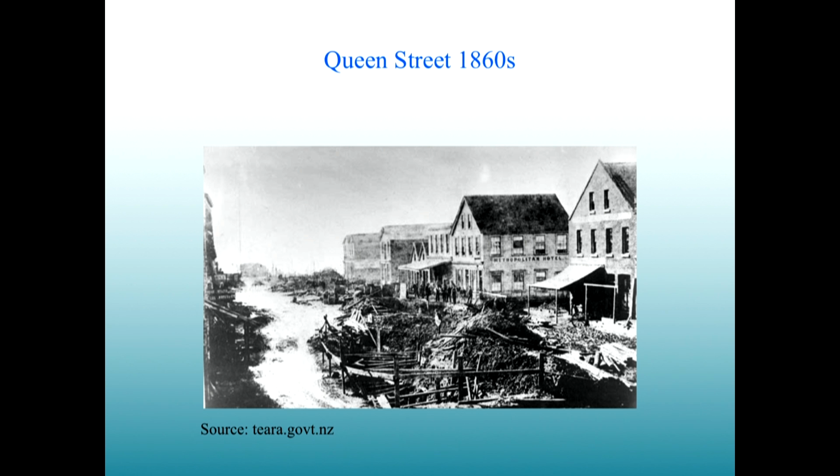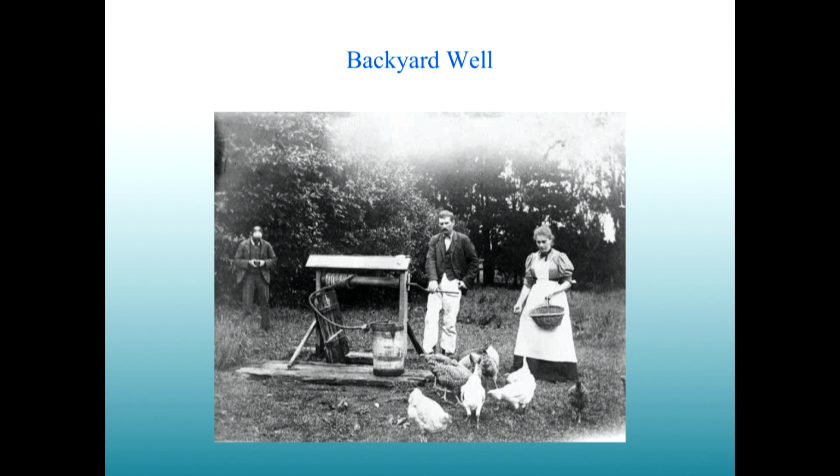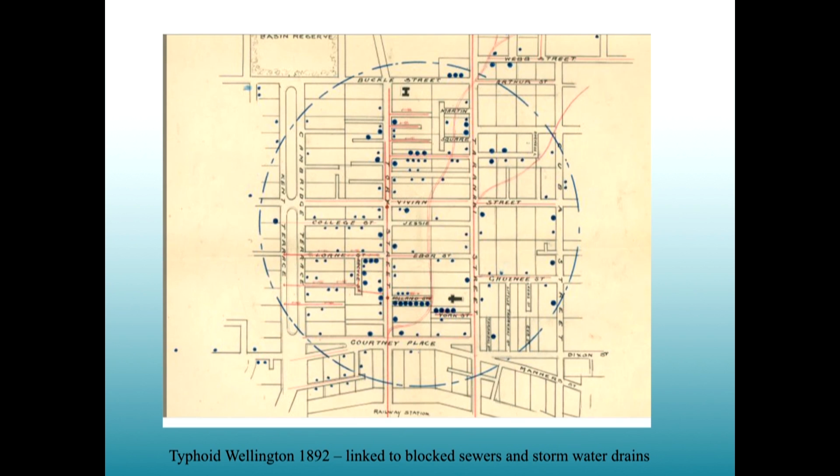Moving on, we also had predominantly the use of backyard wells for water supply. Certainly that was the case in places like Hastings where wells were available. By the 1890s, the sanitation movement was really just starting to develop. Here we go. This shows a map in 1892 of a typhoid outbreak in Wellington.